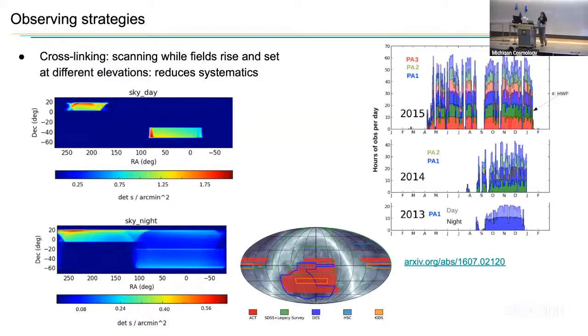Yes, but if you think about noise, a large area with shallow depth has the same noise amplitude as a small area with deep depth. And I think if you observe a deep area, the only noise comes from instrumental systematics, and that's why you are improving.